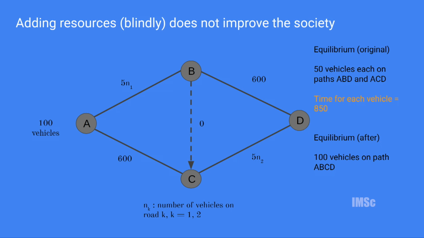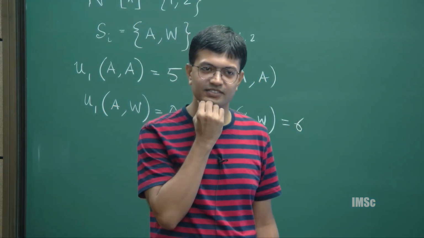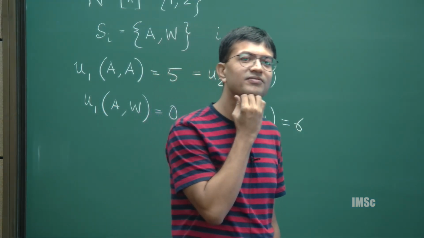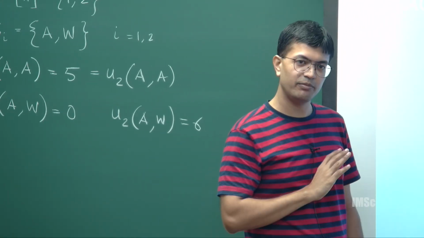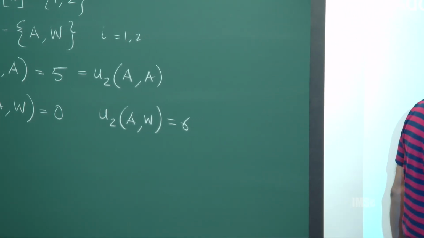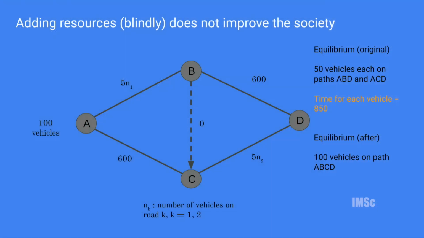What type of equilibrium is this? Dominant. Why? So you see now the difference, right? S minus i tilde can be anything. Even if other people are going ABD path or ACD path, it doesn't matter. Your shortest path is still ABCD. It's better if some of the people take some other path, because then it will reduce your time.